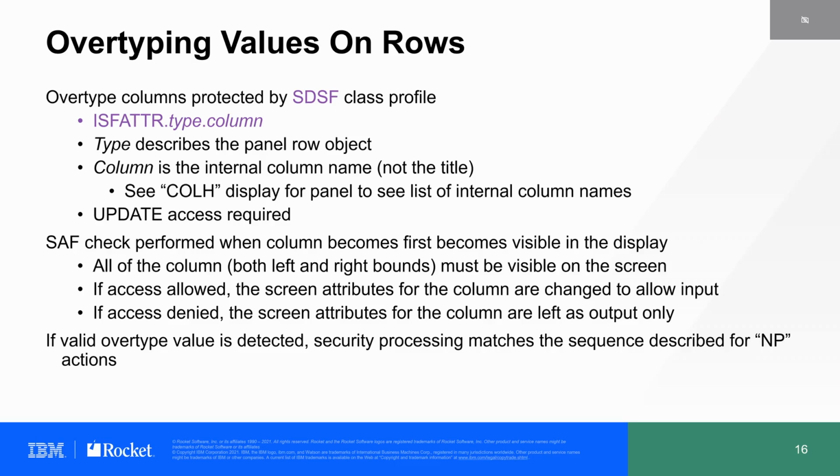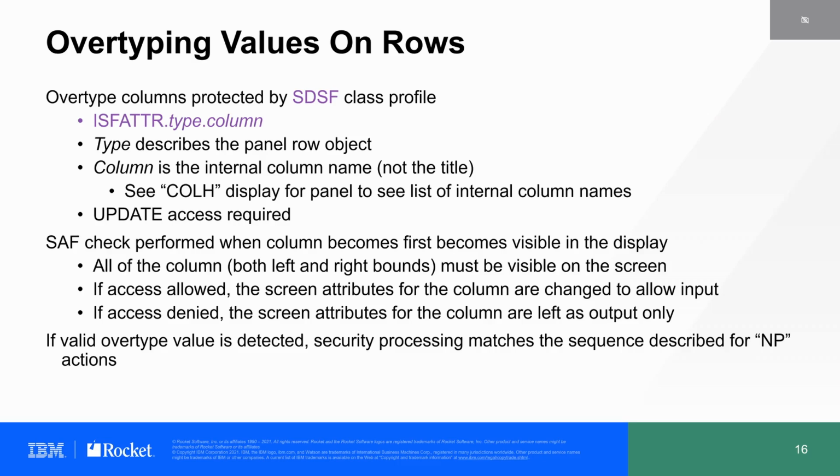Okay, type displays the panel row object, and the column is the internal column name, not the title. If you want to see those, just issue the COLSHOW command on any SDSF panel, and you'll see a list of all the internal column names that we use, the same ones that you would use if you were programming SDSF REXX.